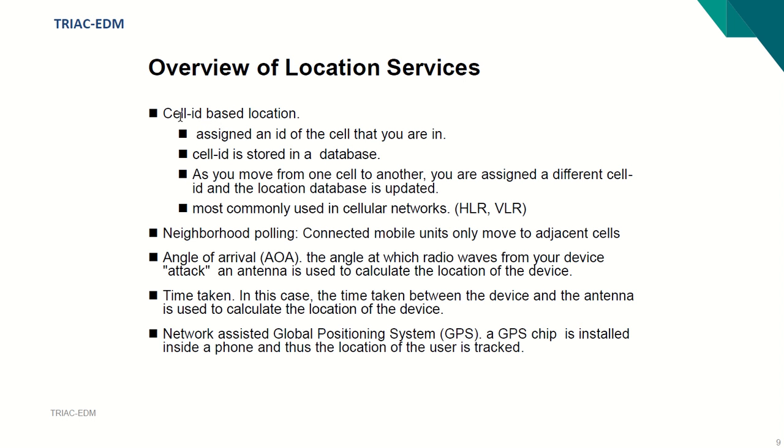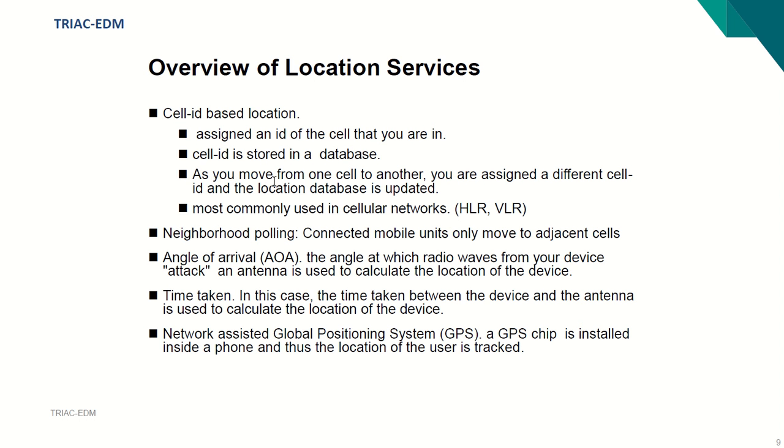So the cell ID will be assigned, but of course, it's hidden in the background of a cell phone, so you wouldn't get to know it. But if you are an engineer working on the system, then you will get to know the ID. So there is an ID here, and the ID is stored in a database.